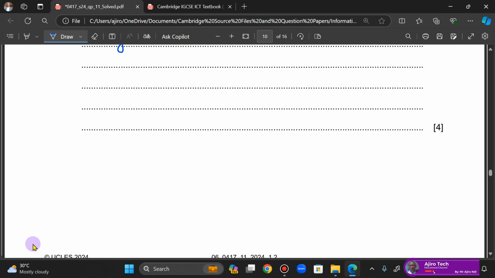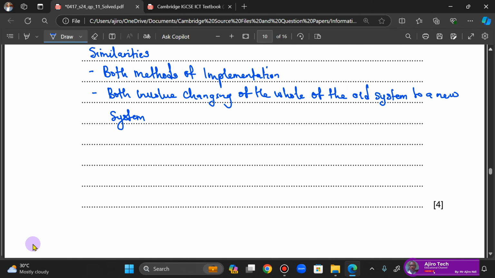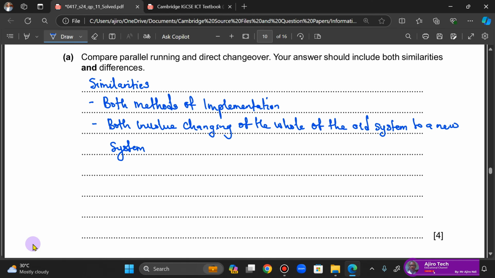Okay, so now let's look at the differences. This is 4 marks, so 2 for similarities, 2 for differences.